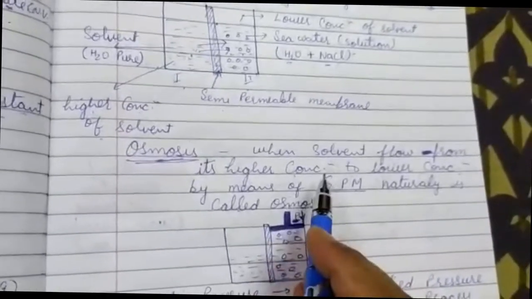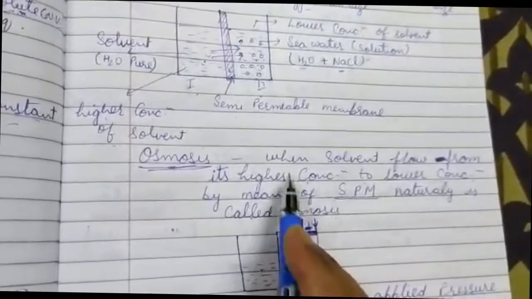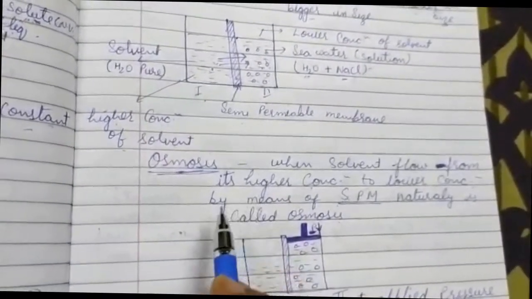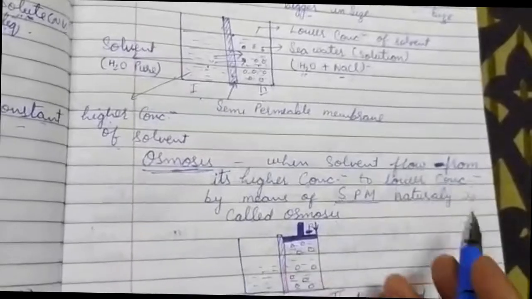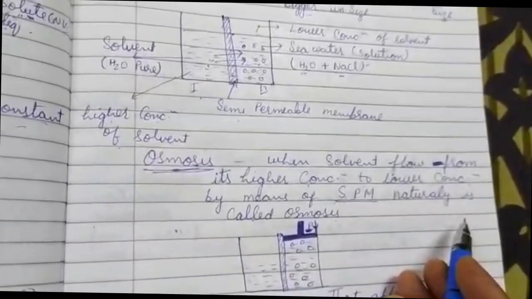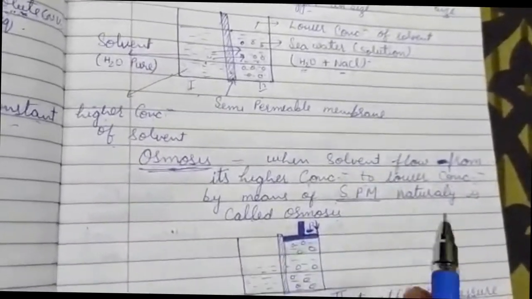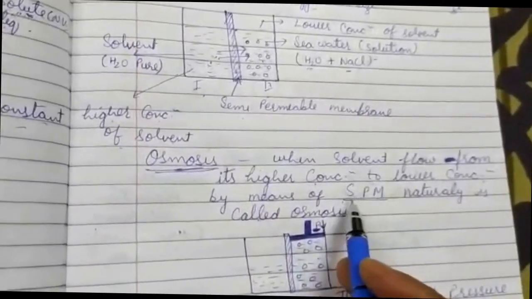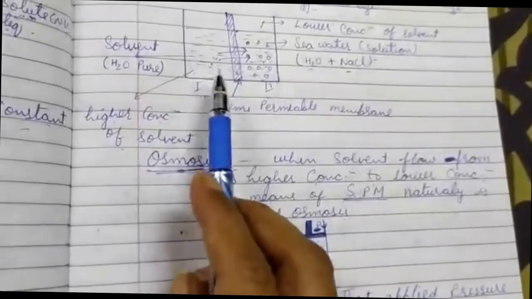Now, you must know about diffusion. Diffusion is also like this. In diffusion, the substances flow from their higher concentration to the lower concentration. But what is the difference between diffusion and osmosis? In diffusion, we do not use this type of semi-permeable membrane.